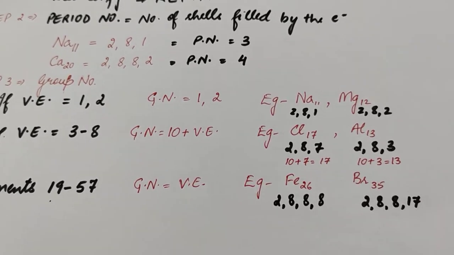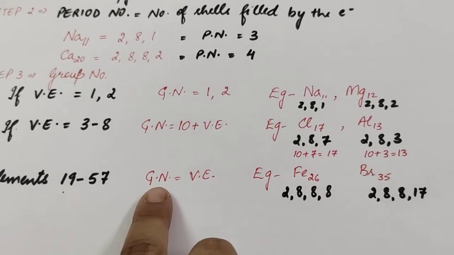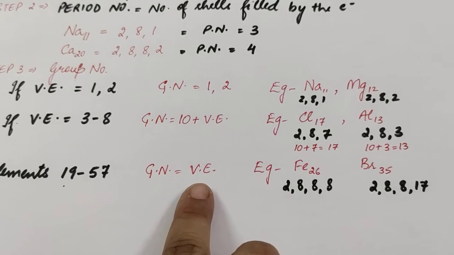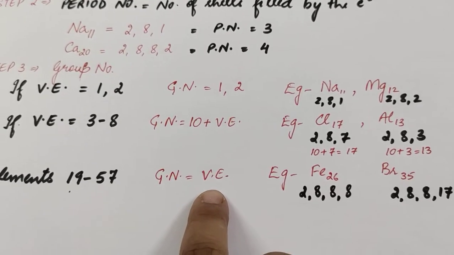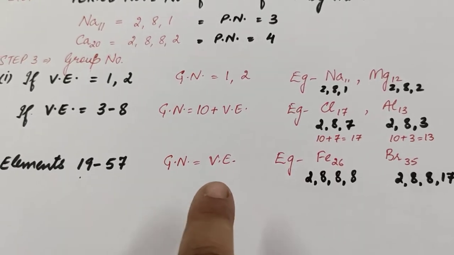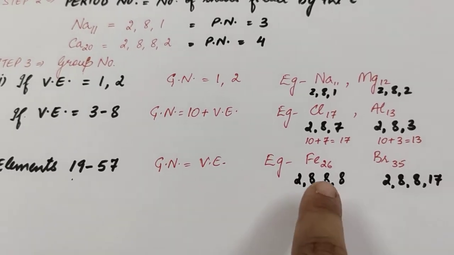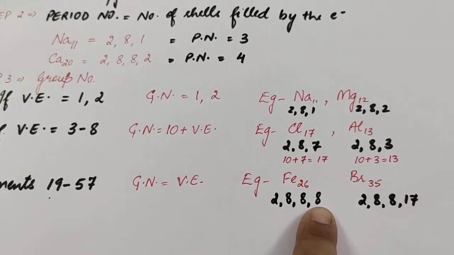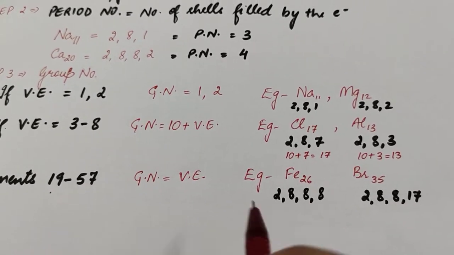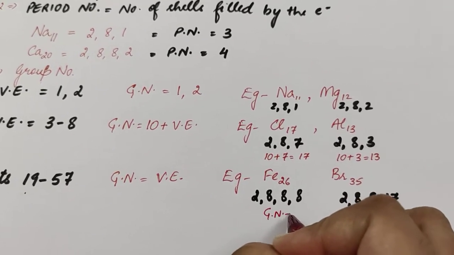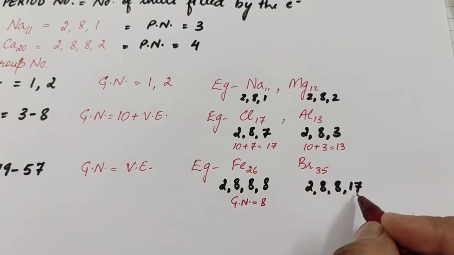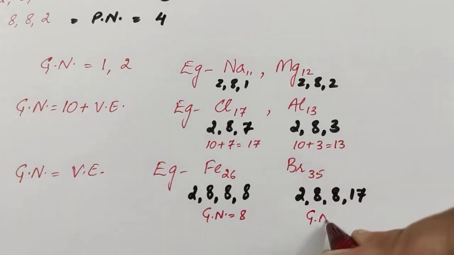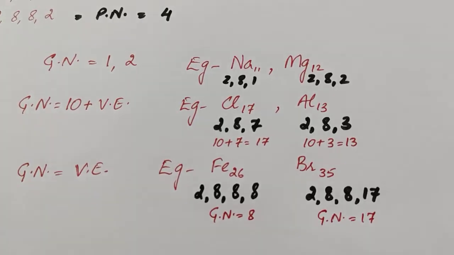Okay, so I said over here the group number will be equal to the valence electron, and we know valence electron is the number of electrons present in the last shell. So for iron it is 8, so here the group number will be 8, and for bromine, since it is 17, the group number will be 17.